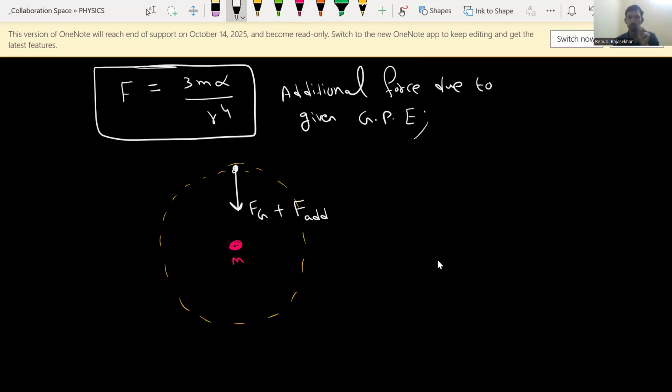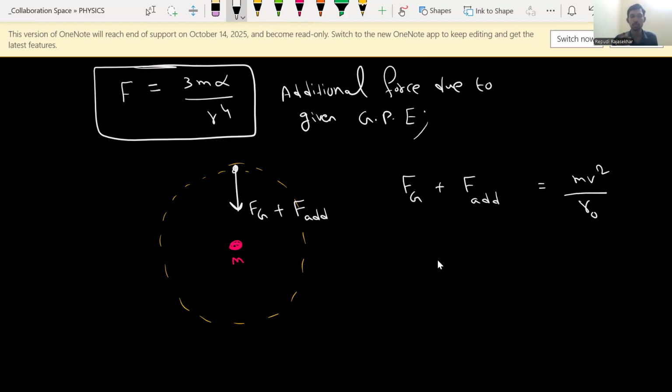These two forces together produce the centripetal force for the particle, which helps in revolving in the circular orbit. So the equation can be written as gravitational force plus additional force equals mv square divided by r.